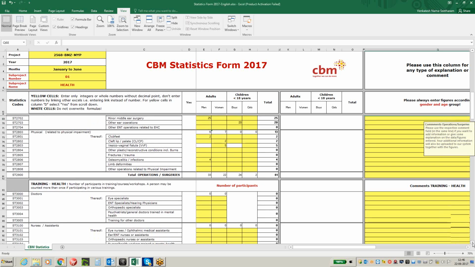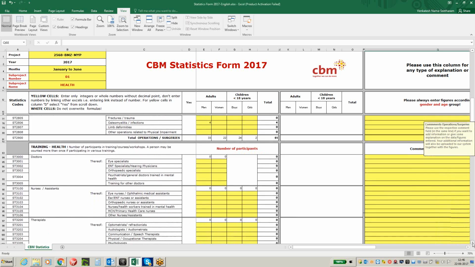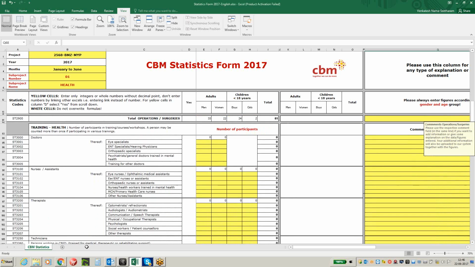Next section is on training health. Here you count the number of participants for each training. For each training, how many participants they are having, only that will be counted. The project need not worry whether the same person is attending different trainings.